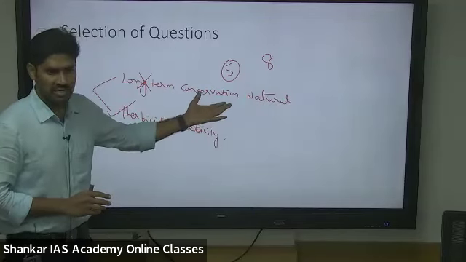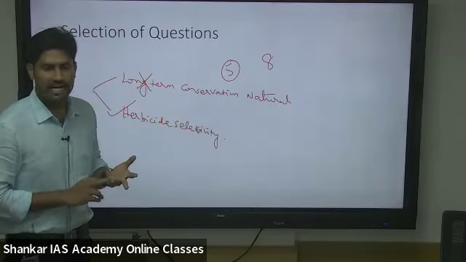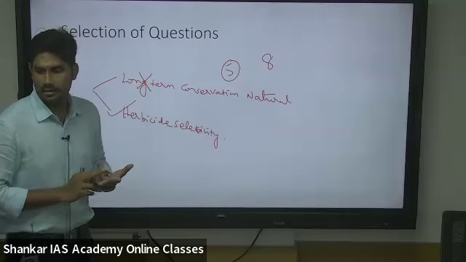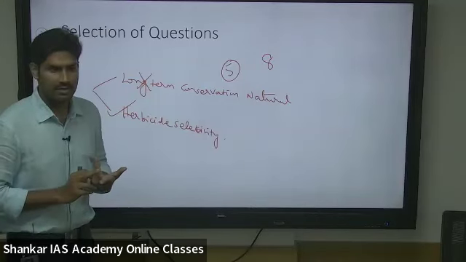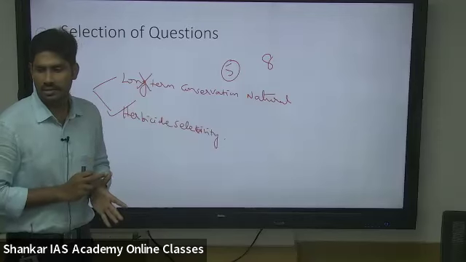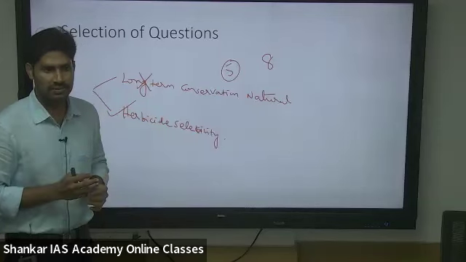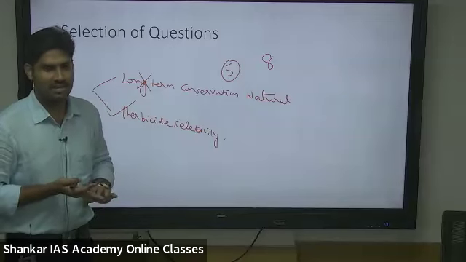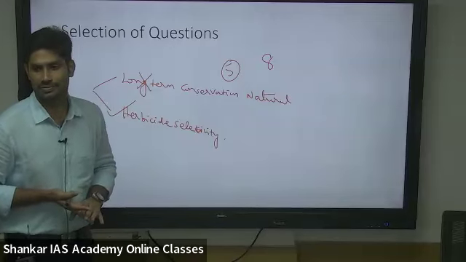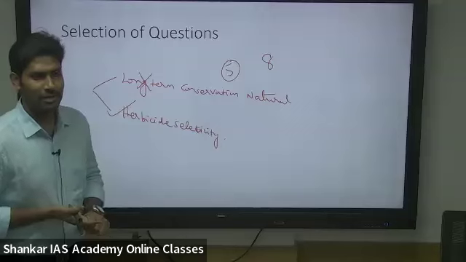Natural resources include forest, biodiversity, flora and fauna, mineral resources, crop genetic resources, water resources, soil resources. You have to cover all these areas.